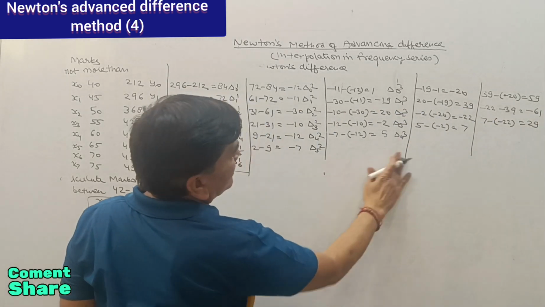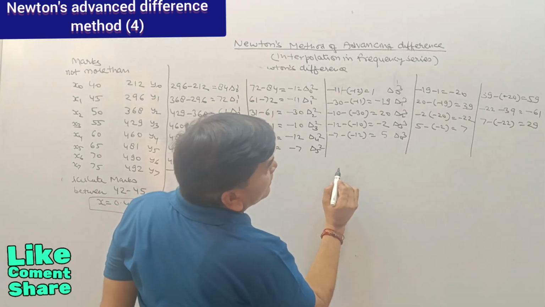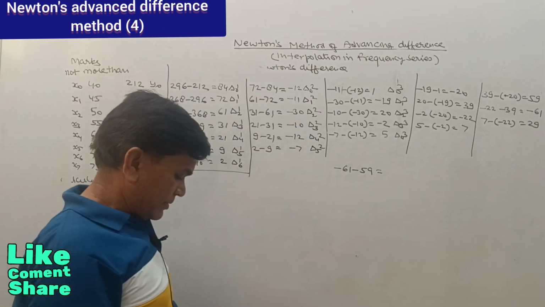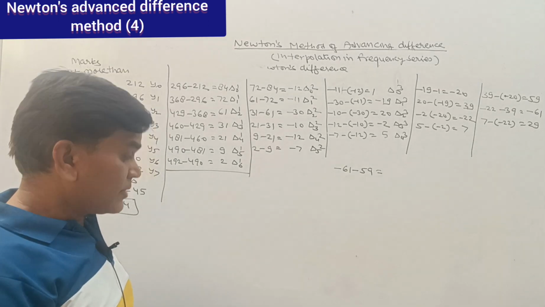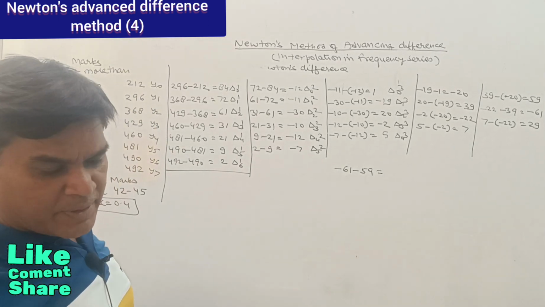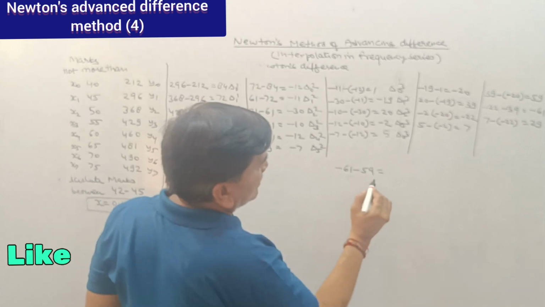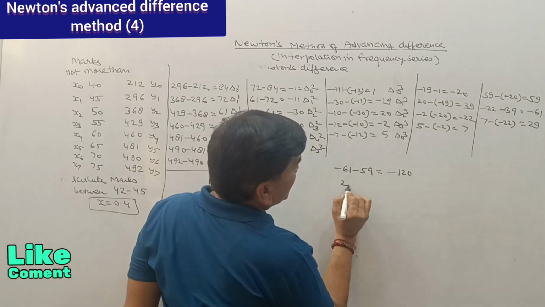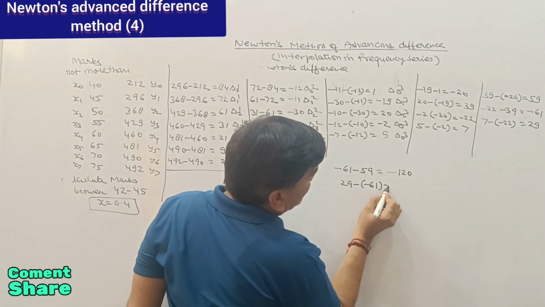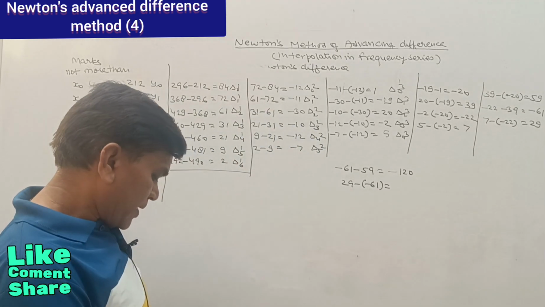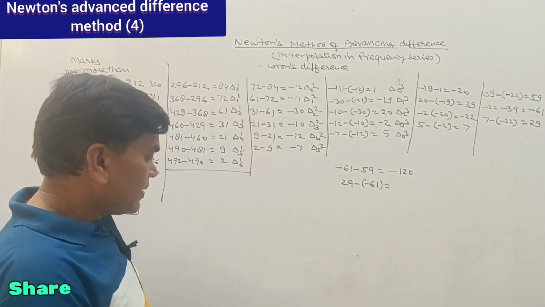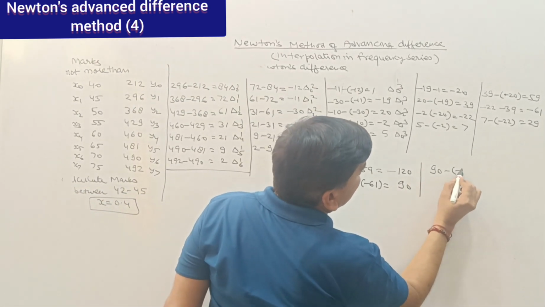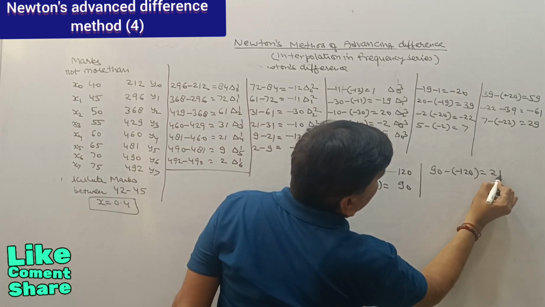Okay, next difference I am taking here, minus 61 minus 59, minus 120. 29 minus 61, so 29 plus 61, 90. And last, 90 minus 120, that is 210.